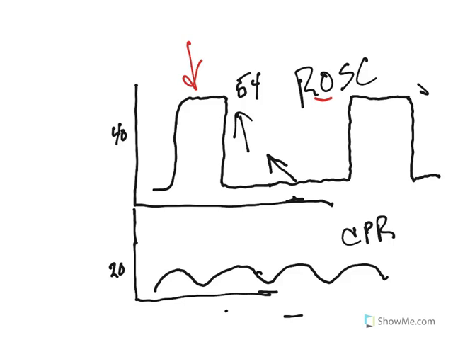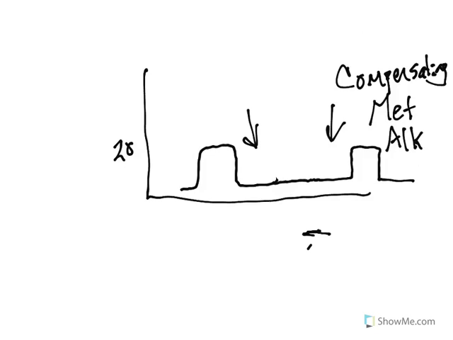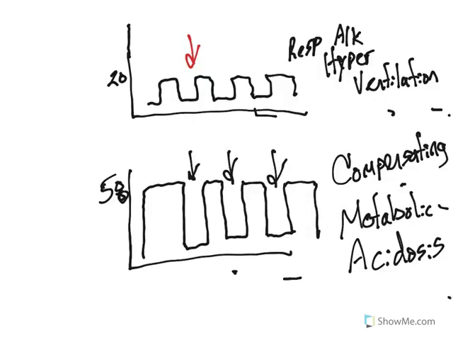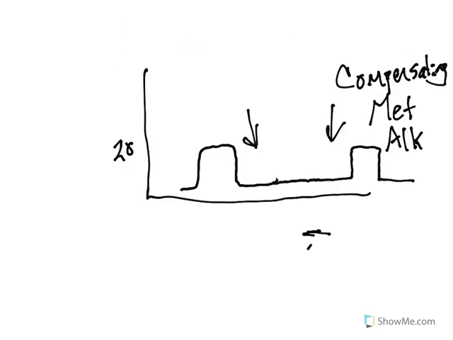So you can now see the difference between this and this one, okay? This guy right here, because you can see the distance between those peaks is shorter, and that tells you that your patient is dealing with a metabolic acidosis. And they're compensating.